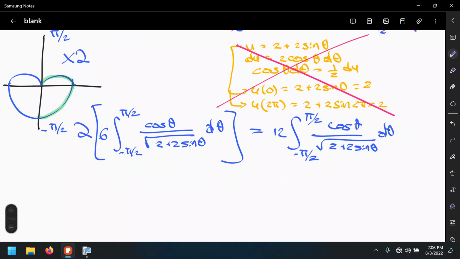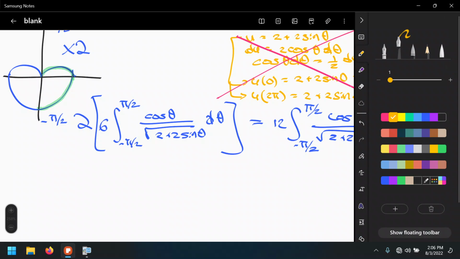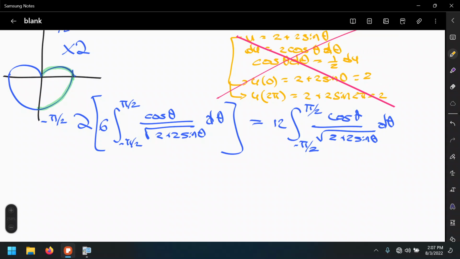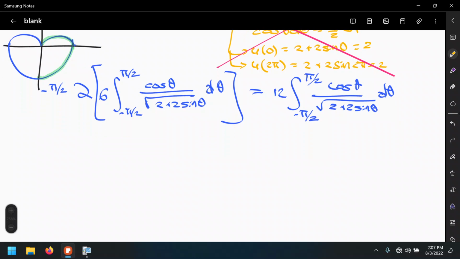and let's do another u substitution. I know it's basically the same, but I don't want to go with the one that I already scrapped. So that's u equals 2 plus 2 sine theta, du equals 2 cosine theta d theta, and cosine theta d theta equals 1/2 du.